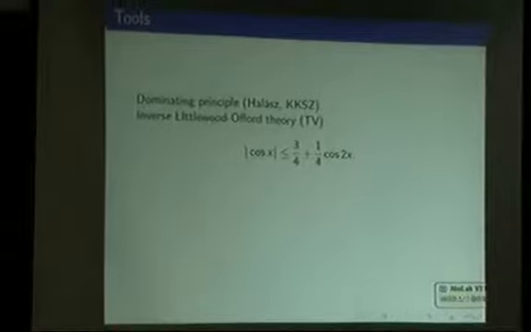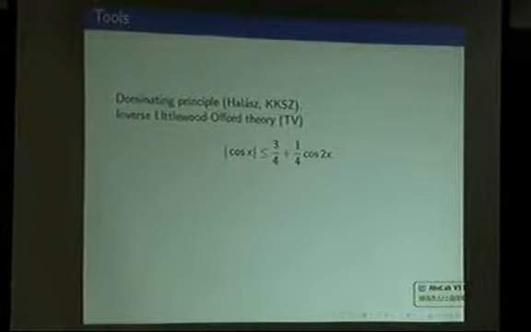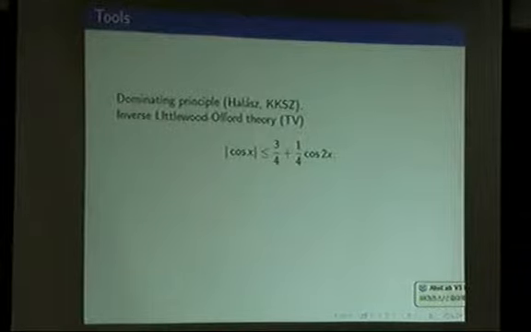By the end of the day, after lots of argument, the 3/4 comes from this simple inequality that you can dominate the absolute value of cosine by 3/4 plus 1/4 of cosine of 2x, right? Which anyone can prove by just elementary, high school algebra.